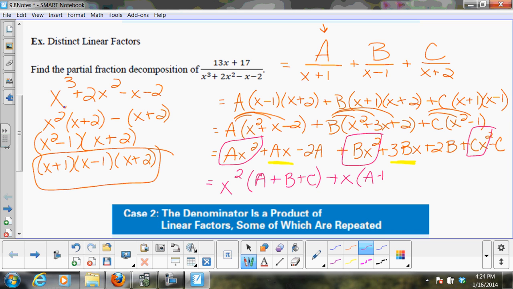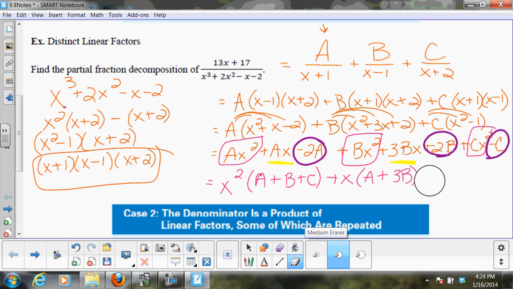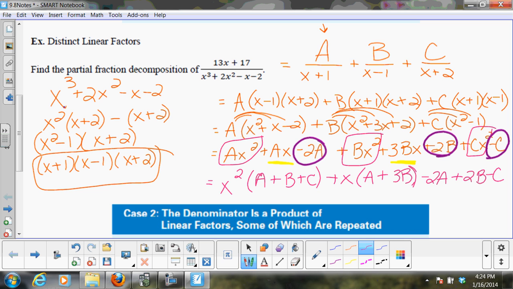So A plus 3B. And then we have things that don't have any x's at all, and they just go at the end: minus 2A plus 2B minus C.